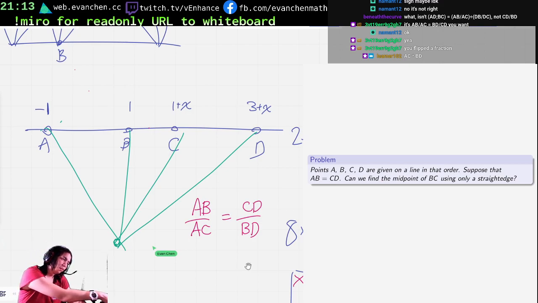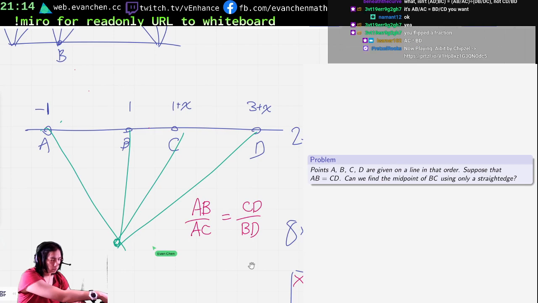There's a natural projective way to interpret it. Fine. Okay. Hmm.